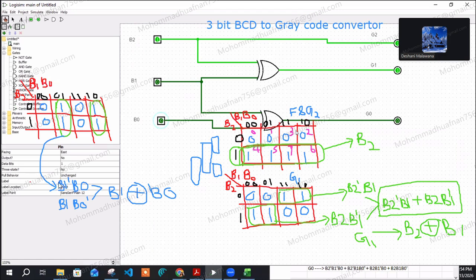Rather than using these two, we can directly use this one. If we are not going to use this XOR, definitely we have to use 2 AND gates here. So I think it's a useless thing. Rather than using 2 AND gates for the same thing, we can just directly use XOR. So keep that in mind.